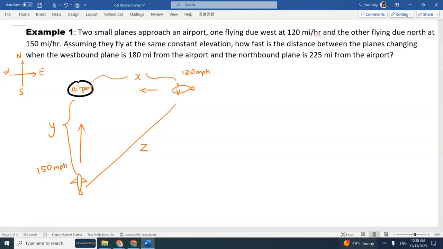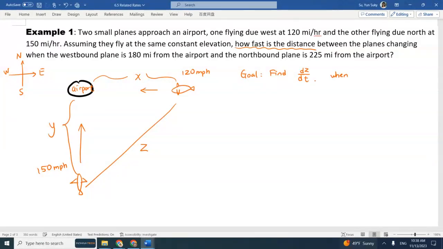Is that okay, everybody? All right, our goal is to find the rate, how fast the distance between them is changing. So you're looking for the rate of change of z, the distance between the planes. So dz dt, we're looking for dz dt.